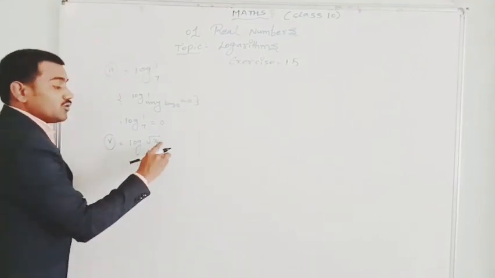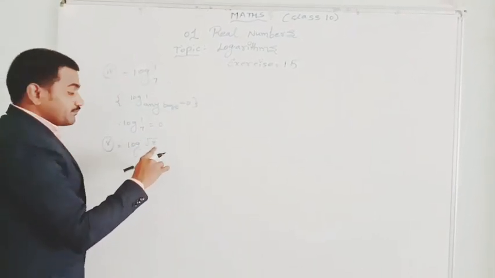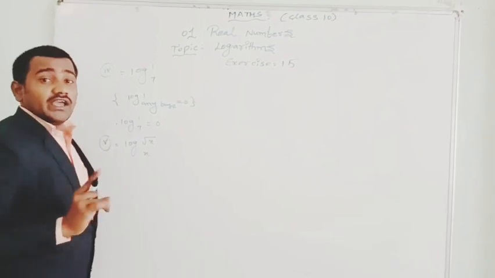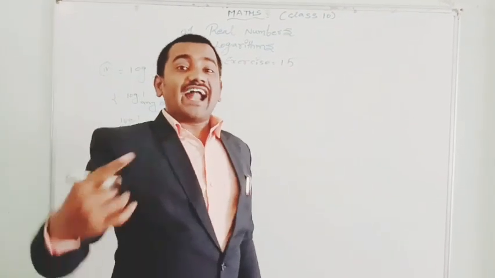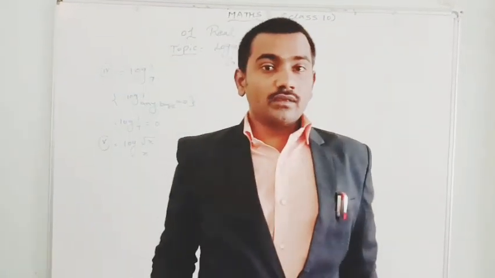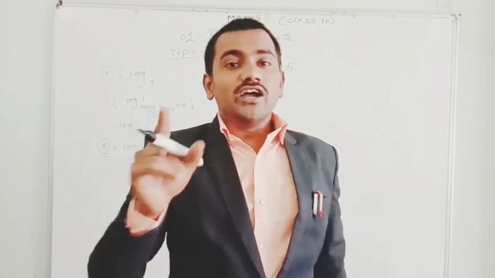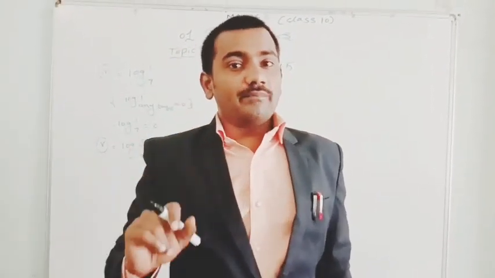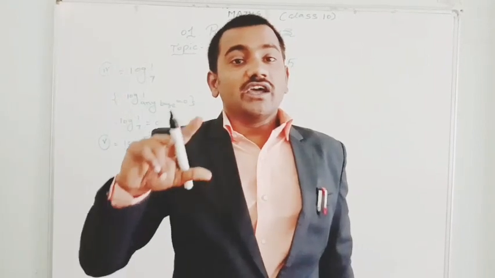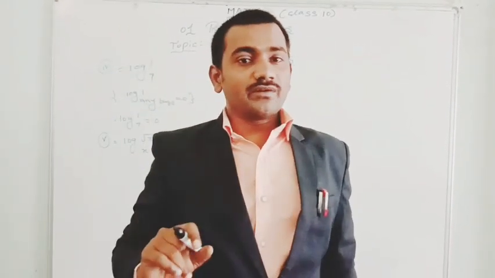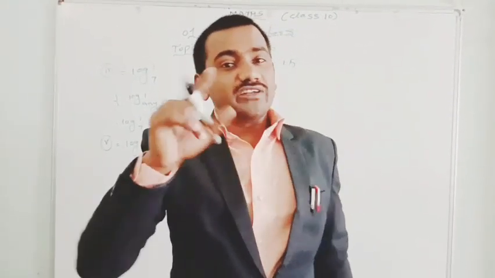So here root x is actually the radical form. In our 9th class we learned about radical form and exponential form. Root x is the radical form. What is the exponential form of this? x to the power of 1 by 2. So root x equals x to the power of 1 by 2.